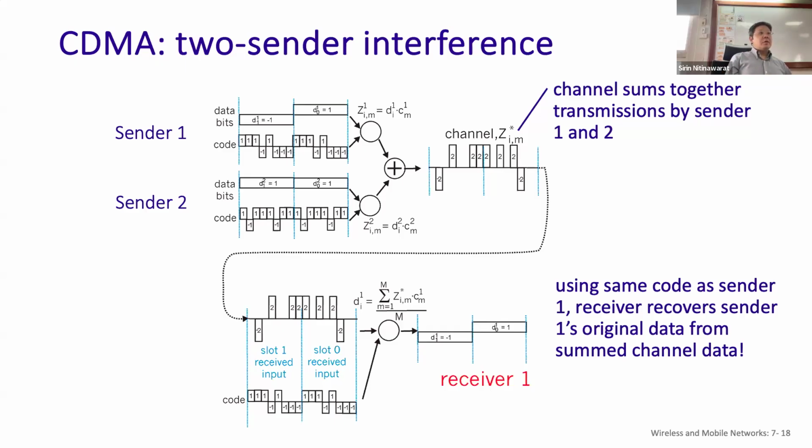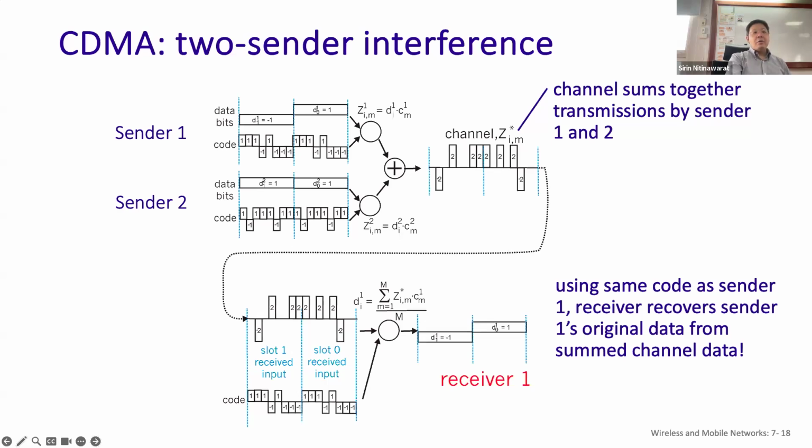So if I want the degrees of freedom of the two users to be orthogonal, what do I have to pick for the chip sequences? The answer is their inner product should be 0. That is tantamount to orthogonality in linear algebra.